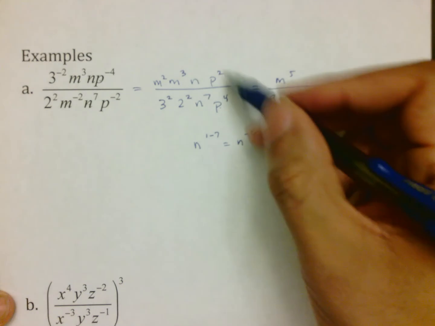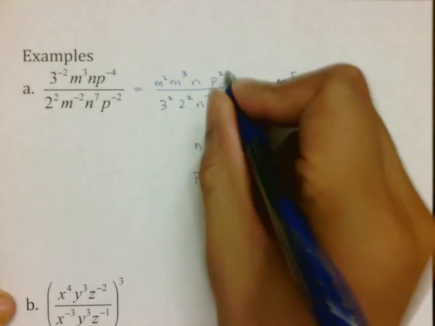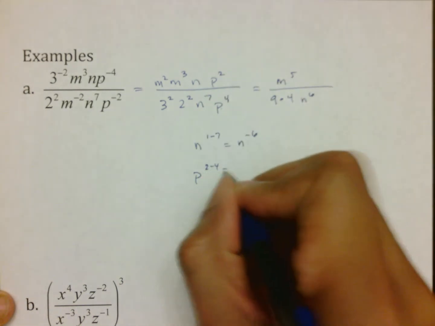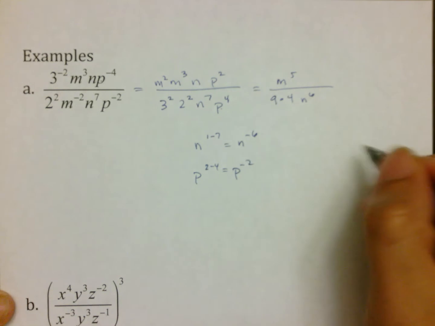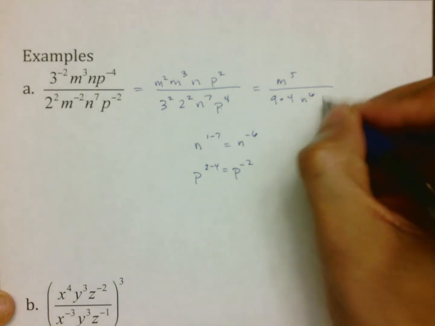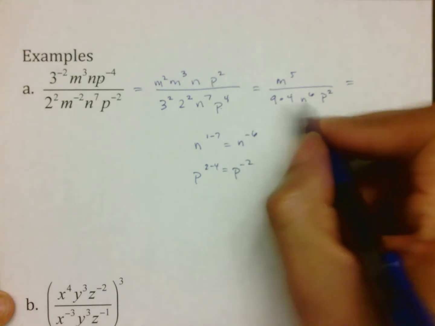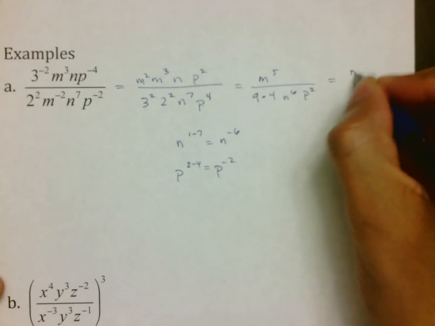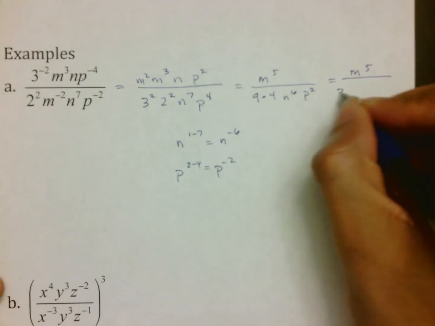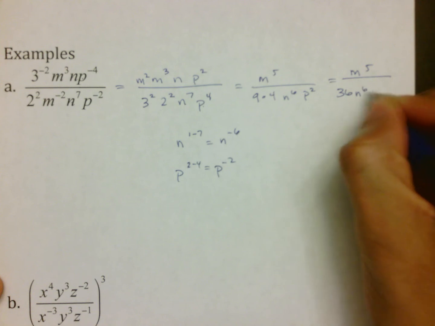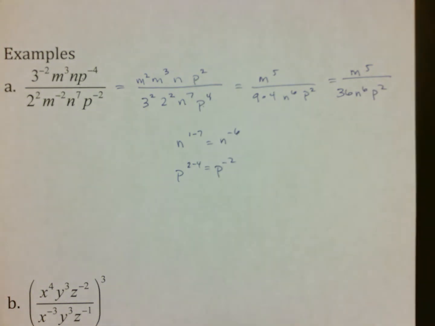And then the last thing you do is with the p's, top minus bottom, 2 minus 4, which is p to the negative second. And since it's negative second, that means that p wants to go down here. And the last thing you want to do is get rid of this multiplication here, so you end up with m to the fifth over 36 n6 p2.